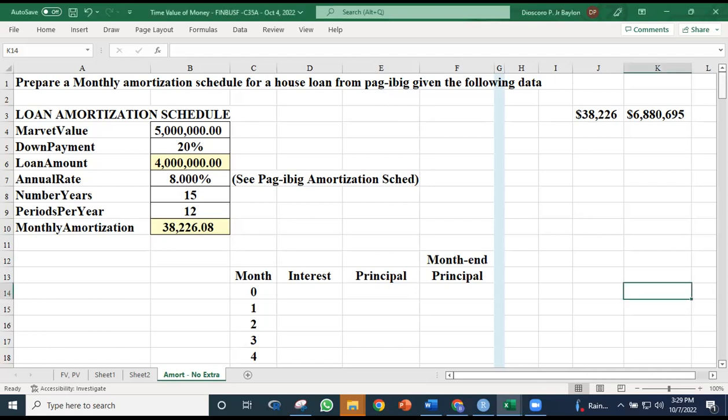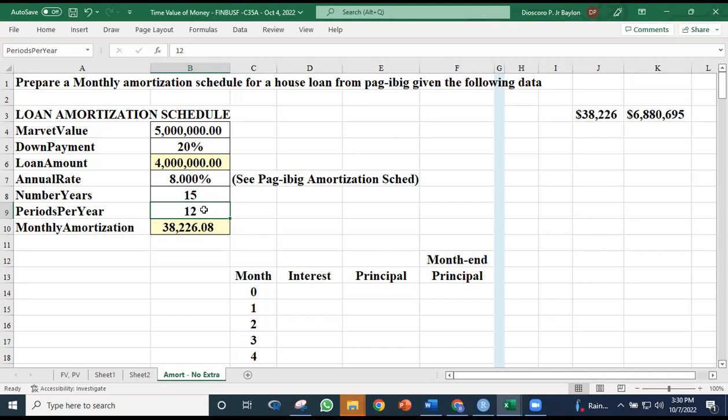Okay, so we can now fill this up. Let's check if these cells have meaning. I have names: market value, down payment. So often, class, it's best to write the name that you would like to use as a name for your cells. In this case, let's take a look at this. So this is monthly amortization, periods per year. We wrote the text in such a way that this is exactly what I want to be named for this particular cell.